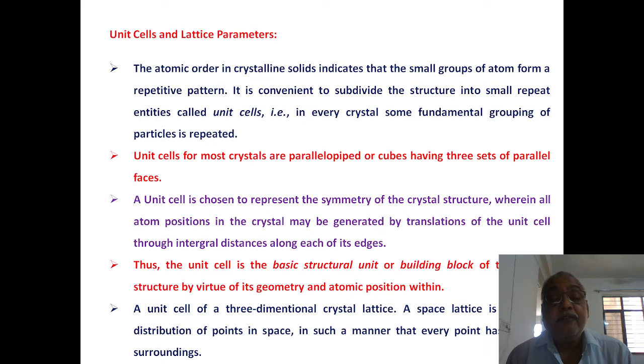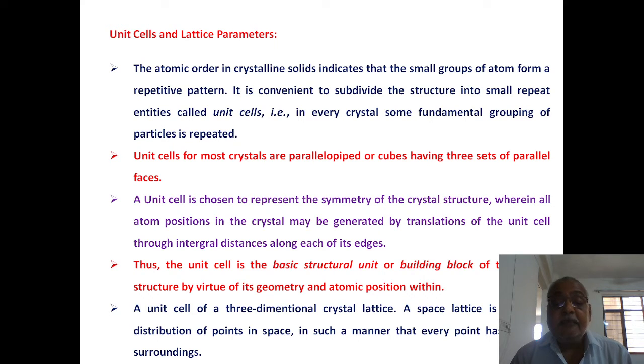Unit cells for most crystals are parallelepipeds or cubes, having three sets of parallel faces. A unit cell is chosen to represent the symmetry of the crystal structure, wherein all the atom positions in the crystal may be generated by translation of the unit cell. The unit cell is repeated, that is, translated through integral distances along each of its edges.